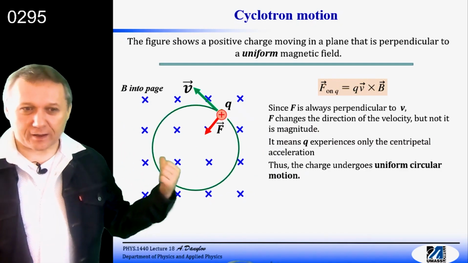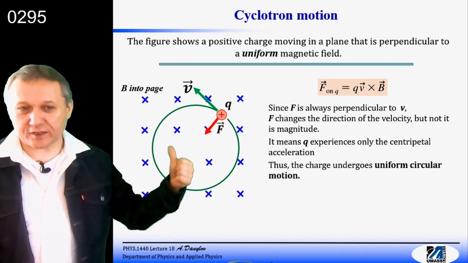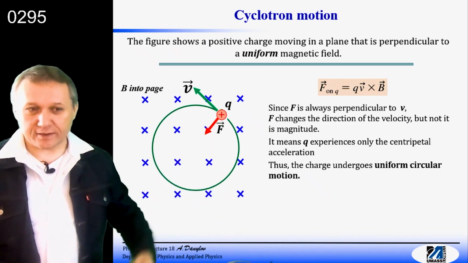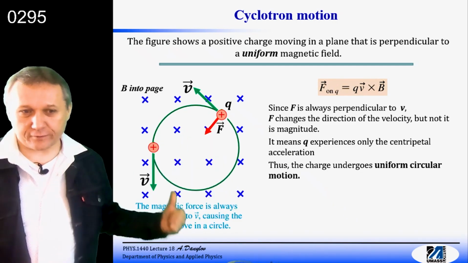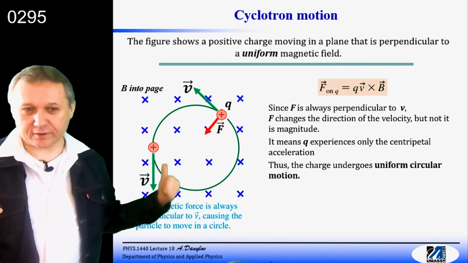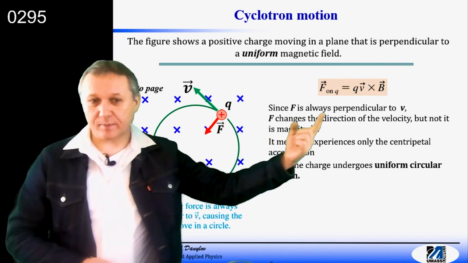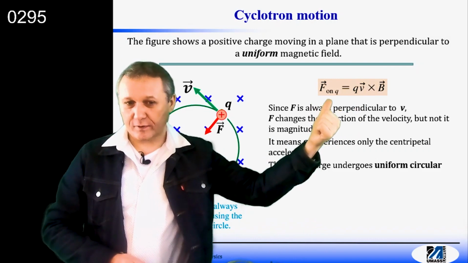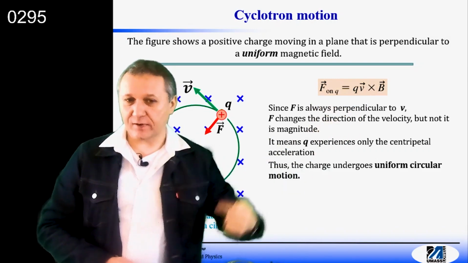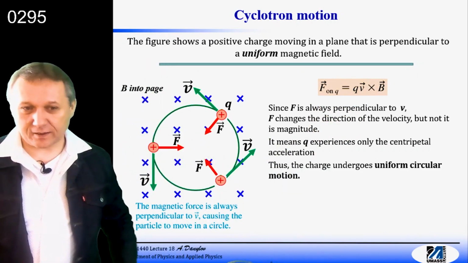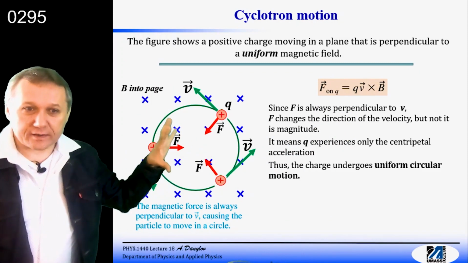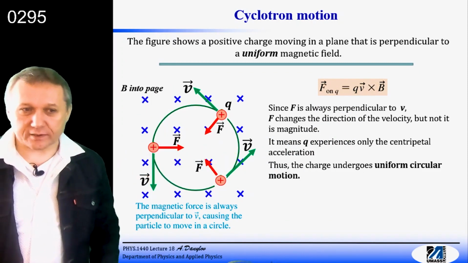And every time the force is perpendicular to this trajectory. If the particle is over here, velocity this way, the force is still all the time perpendicular, because the force is perpendicular to both of these vectors, v and B. And here the same. So this motion is called the cyclotron motion.